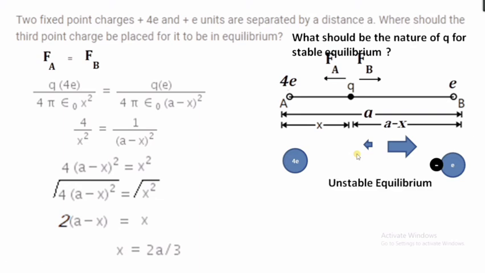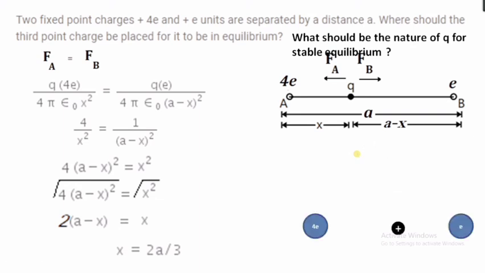So now let's see what happens if this is positive. Now at this point the forces are equal. So now if you displace this a little bit, this force will increase and this will decrease, but out here you can see they are both positive, so this will repel and it will go back to the same position. So at this position the forces are equal, so the equilibrium is not disturbed.